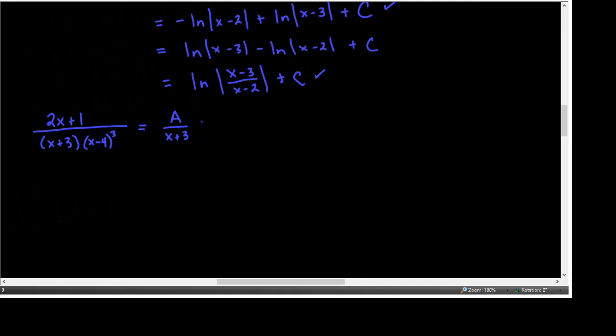So what you have to do is use every power of that repeated factor from what it's given as, so x minus 4 cubed, all the way down to it to the first. So every single power has to be accounted for between x minus 4 cubed and x minus 4 to the first. We need a fraction for every single one of those possibilities.